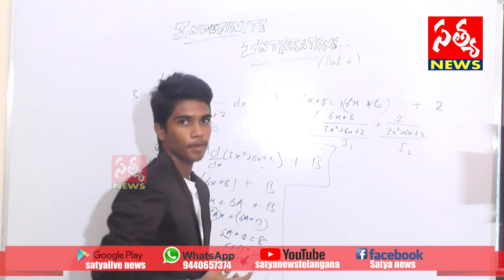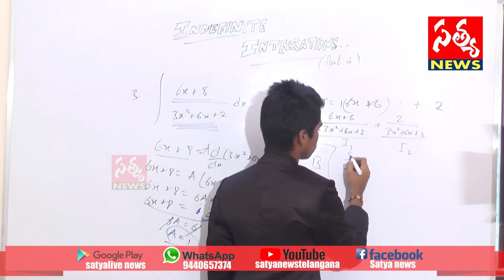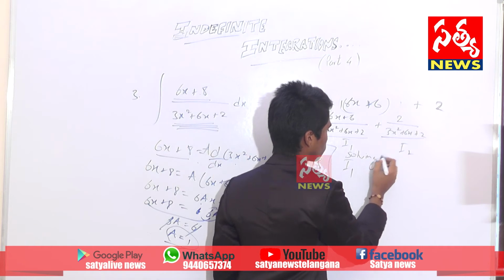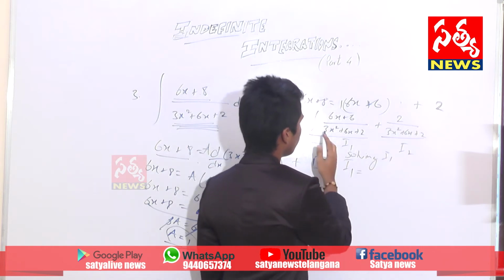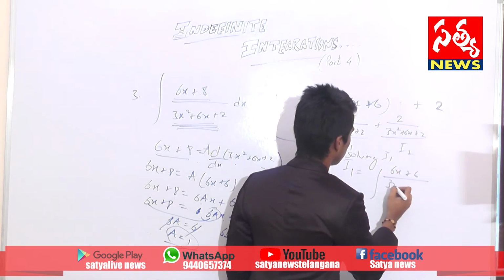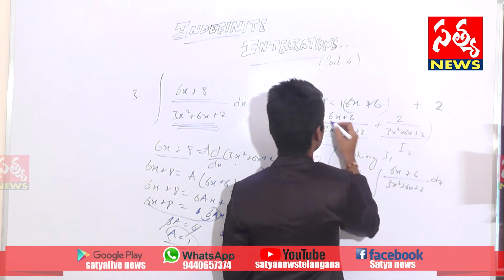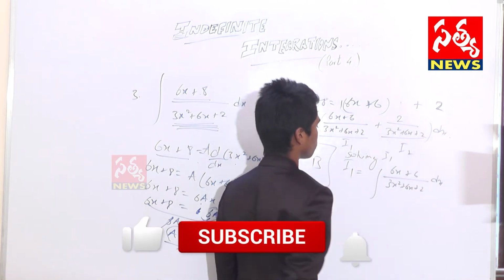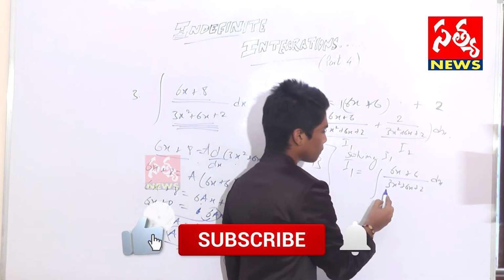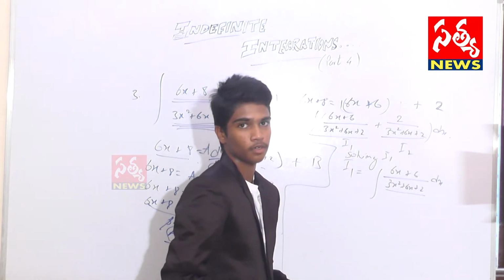As this is a big problem, first solving I1. I1 equals integration of 6x plus 6 by 3x square plus 6x plus 2 dx. Okay, this is a function and its differentiation is in the numerator.